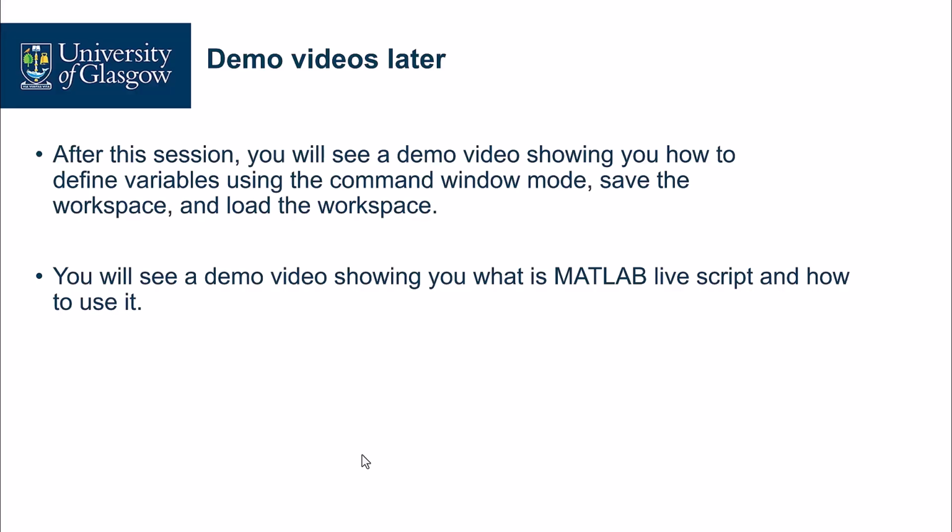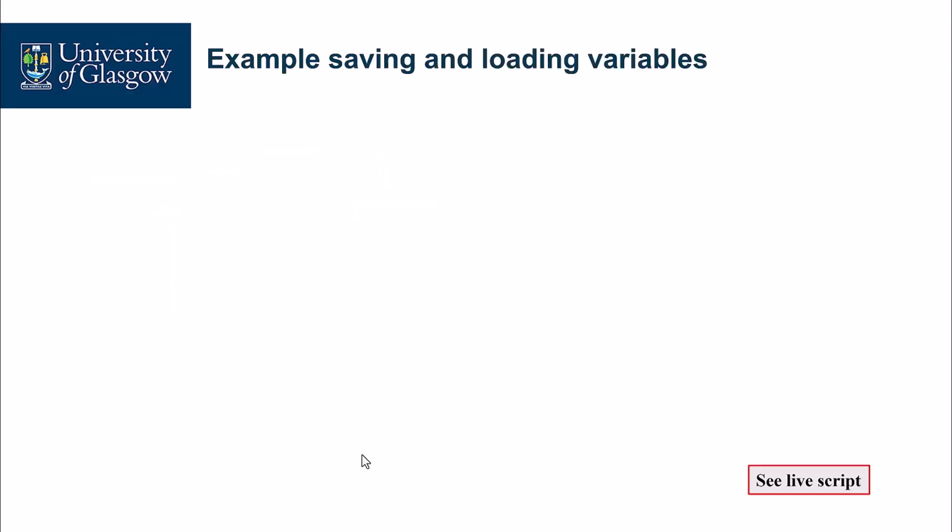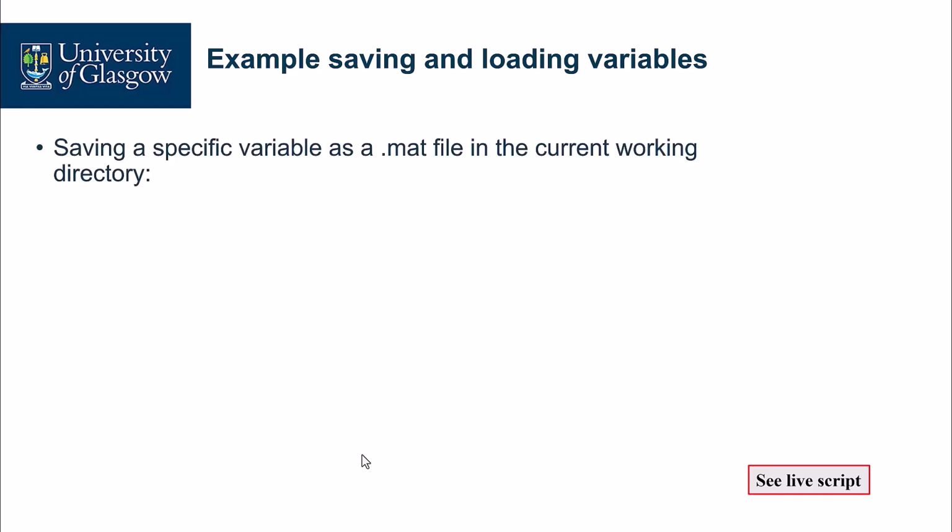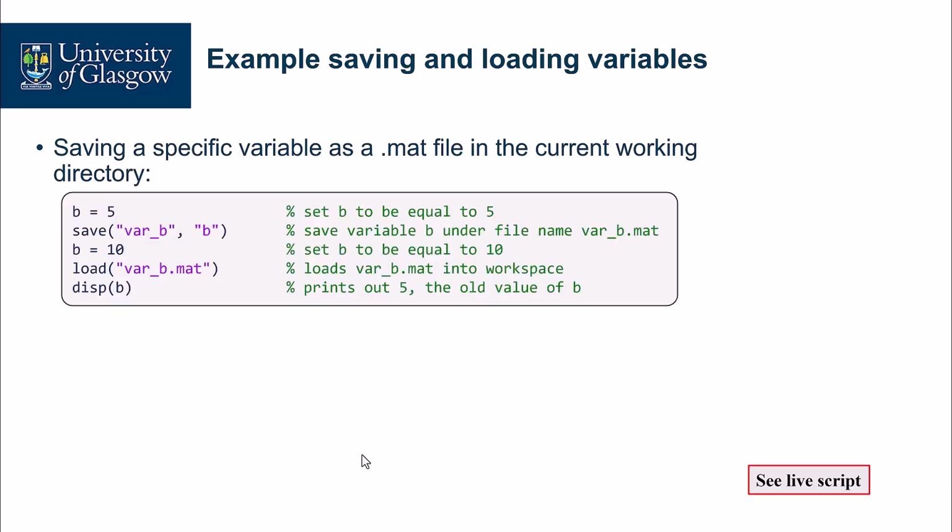Okay, then some questions about how to save and load variables, to see what the following program will do. So let's see, I first define b equals 5. So the value 5 is assigned to the variable b.